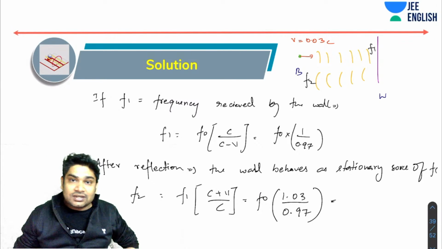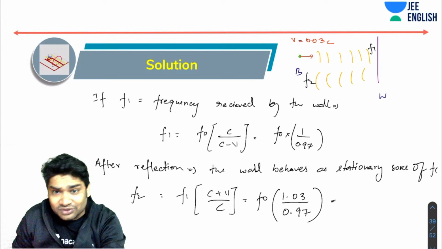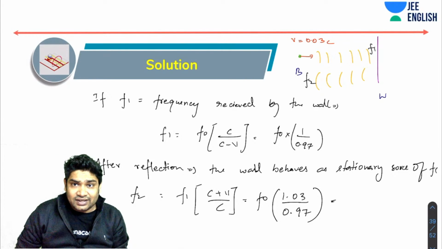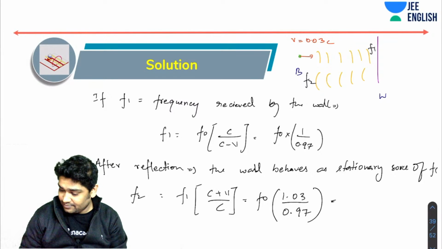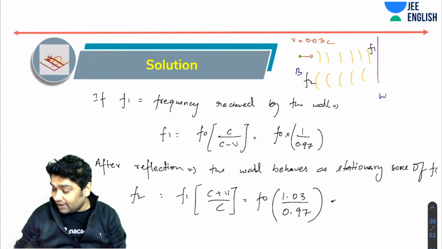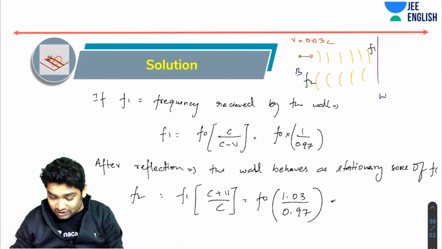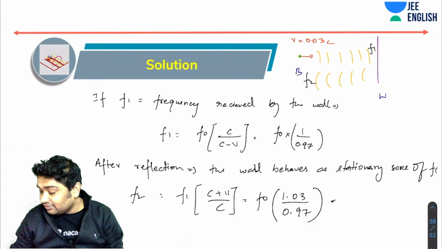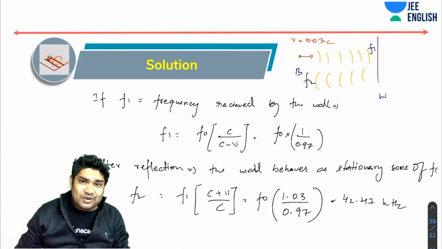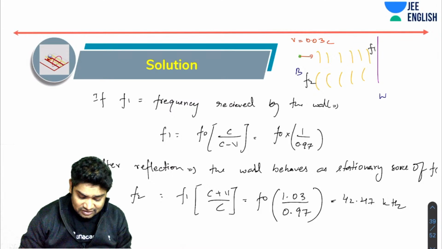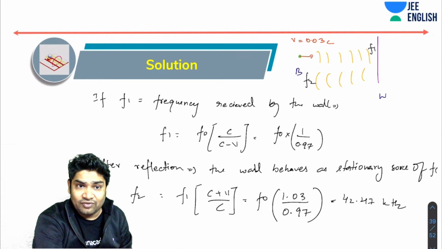That would be your answer, which I think is what you're saying. Yes, so that is 42.47 kilohertz. Absolutely correct. Well done, people. So this is how you deal with frequencies after reflection from walls.